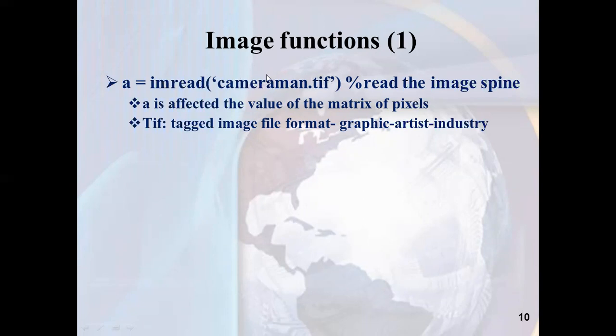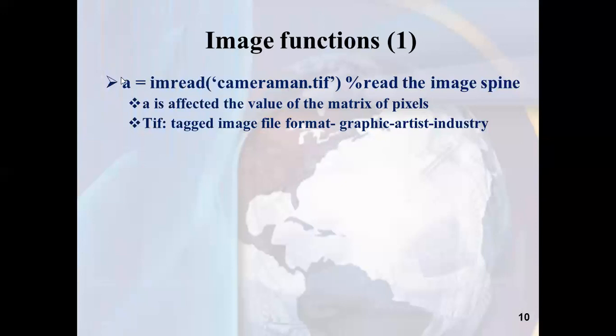As we said, the image cameraman.tif is constituted by a set of pixels with C cross R, where C is the number of pixels along the columns and R the number of pixels along the rows. So if you want to store this image into a digital system, it will be stored as a matrix of data.